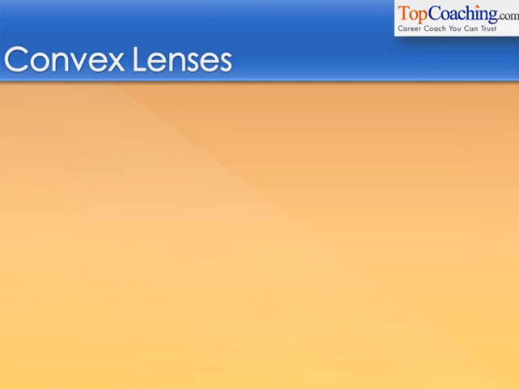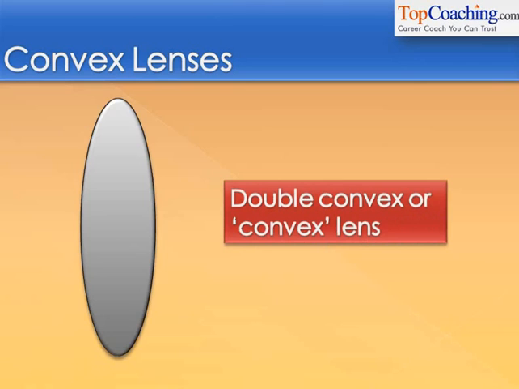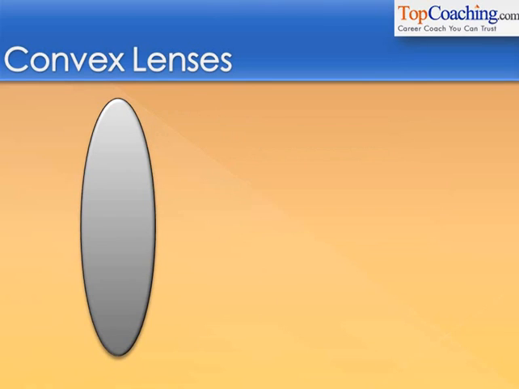Lenses are of two types, convex lenses and concave lenses. Convex lenses are those lenses, which are bounded by two convex surfaces on both sides. So you can see, this is a convex lens shown on your screen. You can see that it basically consists of a transparent medium that is bounded by two curved surfaces on both sides.